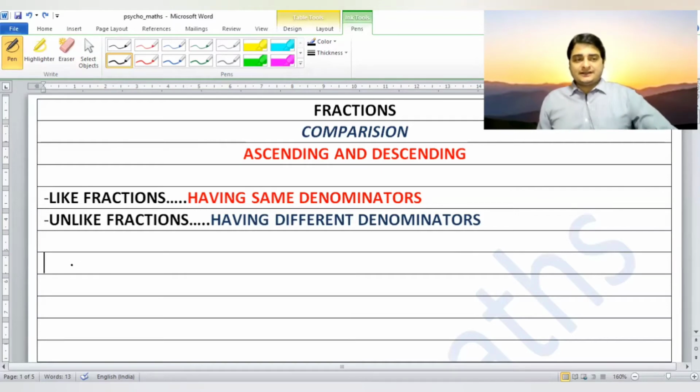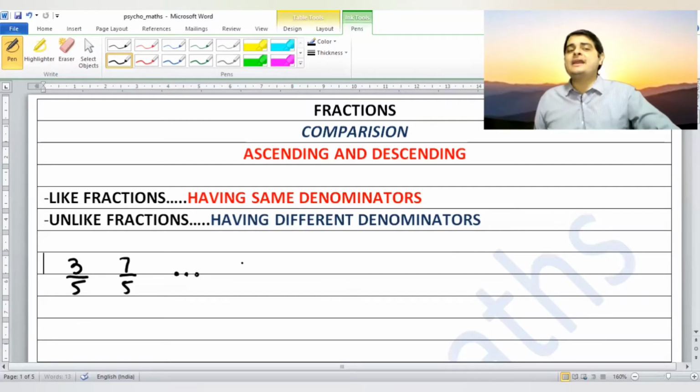Let us start with it. Let us say, for example, we are having two like fractions. The first one is 3 by 5 and the other one is 7 by 5. Students, when you have like fractions, see the denominators are the same.